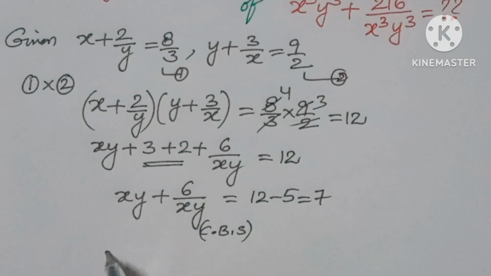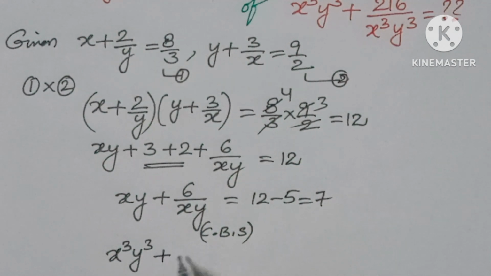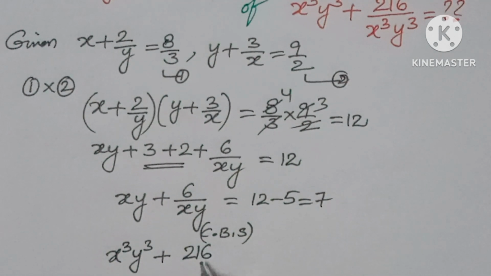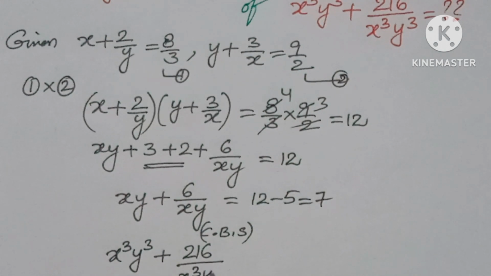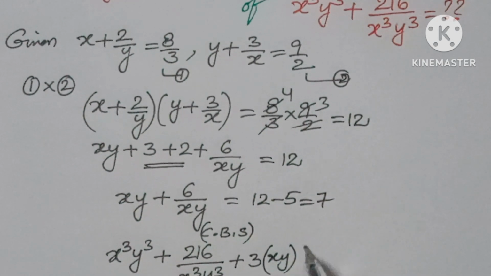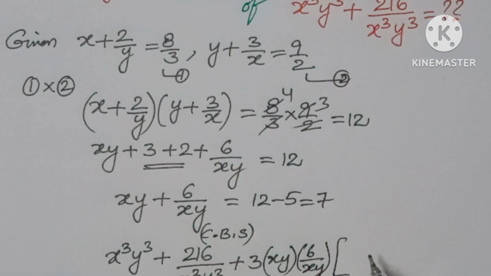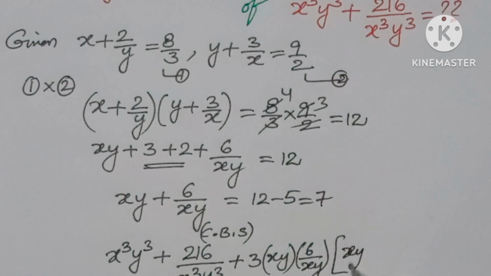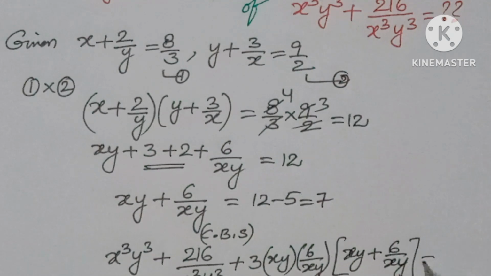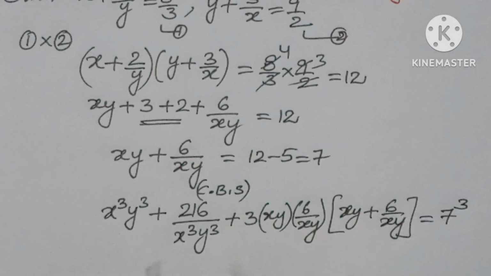Here first of all, a cube plus b cube plus 3ab of a plus b. xy plus 6 by xy is equal to 7 cube. Cubing on both sides.